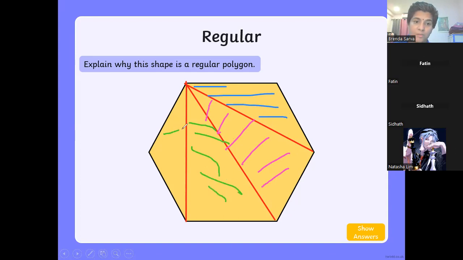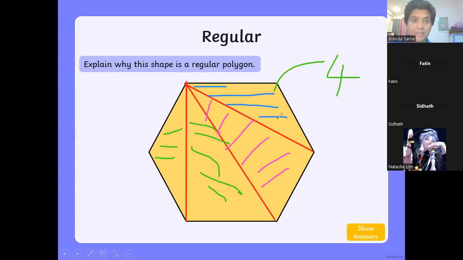If this polygon, how many triangles does it have, guys? How many triangles do you see inside? Come on. 4 triangles, exactly.